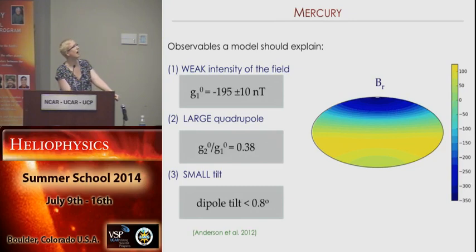The other thing it's told us is that the tilt of the dipole, remember the Earth's is tilted by about 10 degrees, is very small. All we can do is put a bound on this at the moment based on the data, somewhere less than about 0.8 degrees. So the field is fairly axisymmetric, with a lot of symmetry with respect to the rotation axis, but the magnetic equator is offset by about 300 kilometers north of the geographic equator.